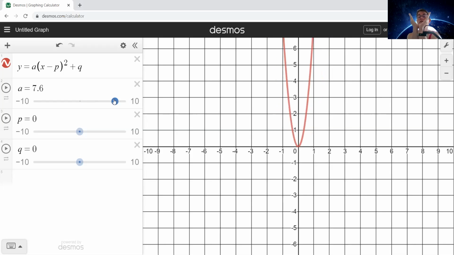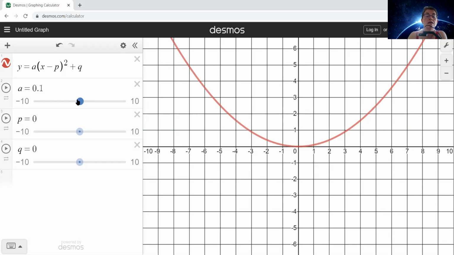It's starting out like this, and it's getting, the word I use is more and more narrow. I consider this flat and this narrow. So if we start out at 10 and move the slider down, you can see the parabola is getting wider and wider and pretty wide.